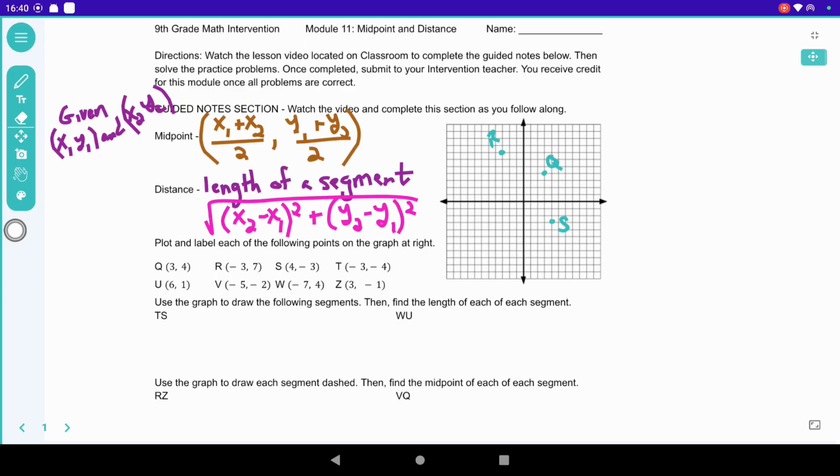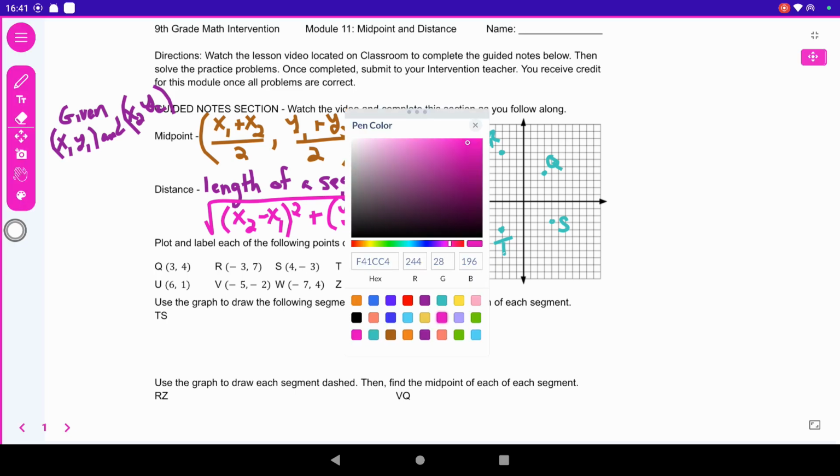And then T is negative 3, negative 4, so left and then down. So left 3, down 4 is point T. And then I'm going to switch colors to kind of make it a little bit easier to see here.